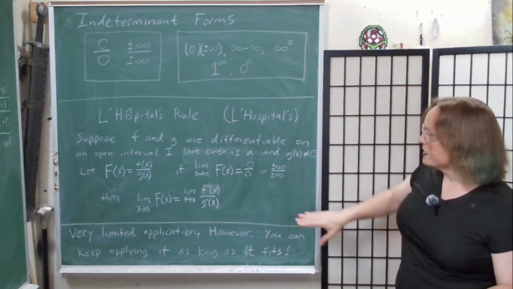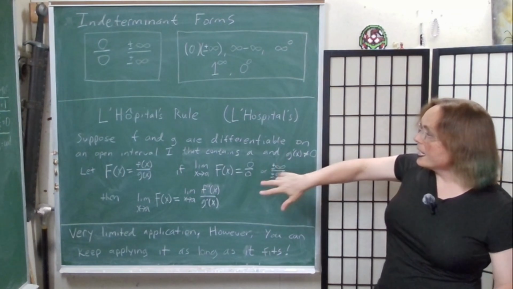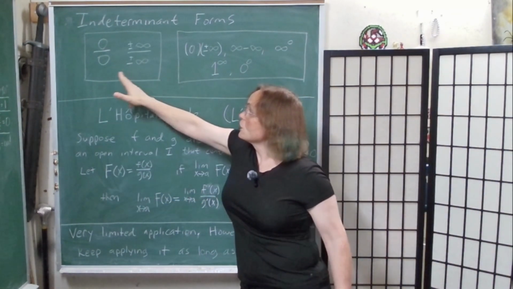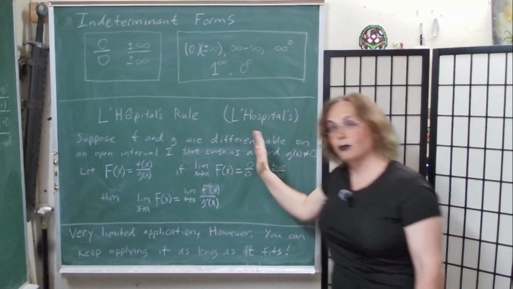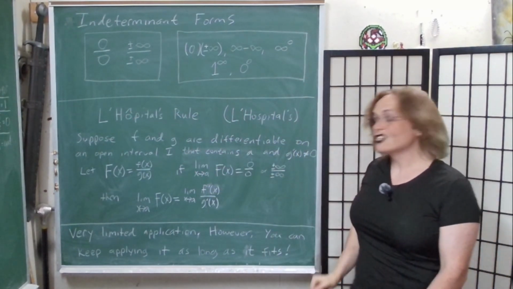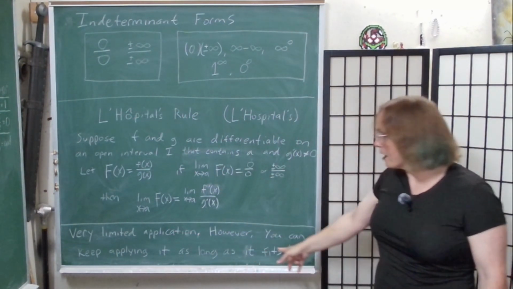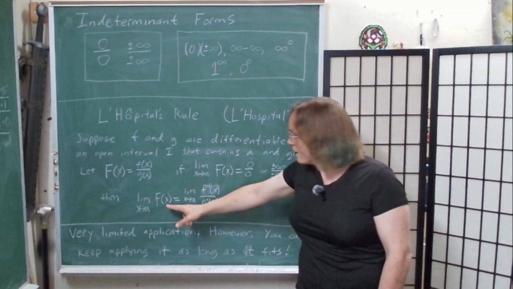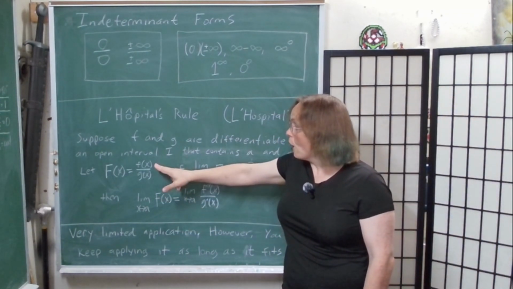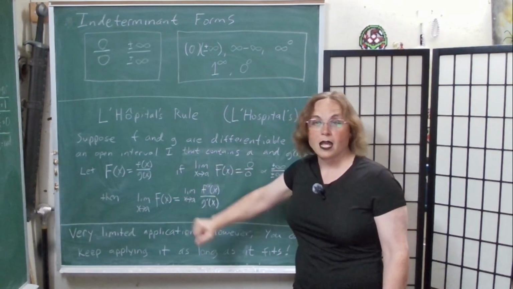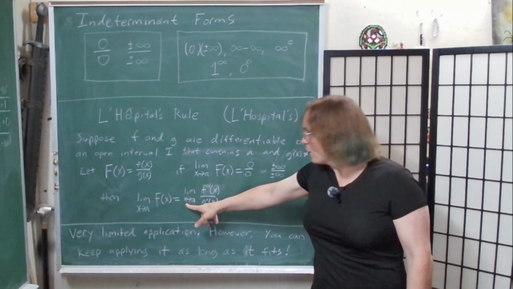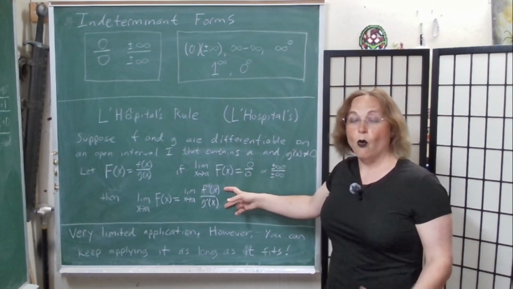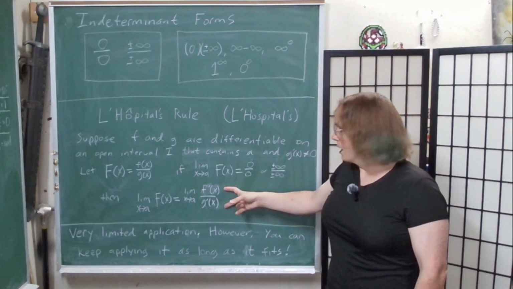Now, what's nice here is that if we can get our function to look like one of these two indeterminate forms so that we can apply L'Hopital's rule, we can continue to apply L'Hopital's rule until we get an answer. So for example, let's say that we get 0 over 0 for something. And then we take the derivative. And when we take the limit of those derivatives, we still get 0 over 0, or infinity over infinity.